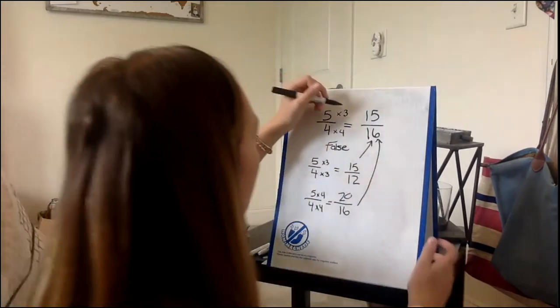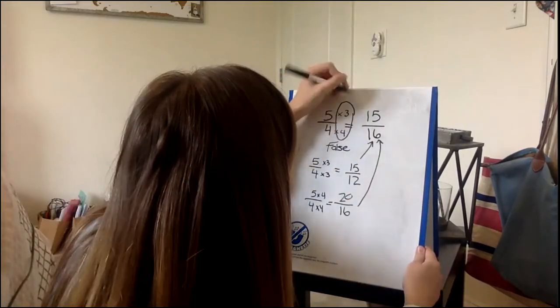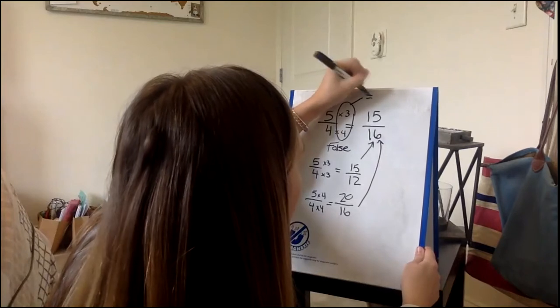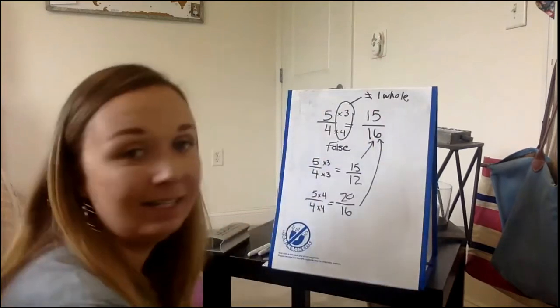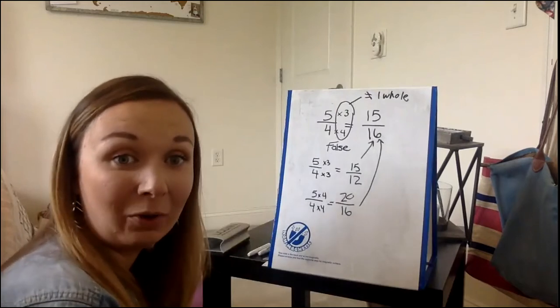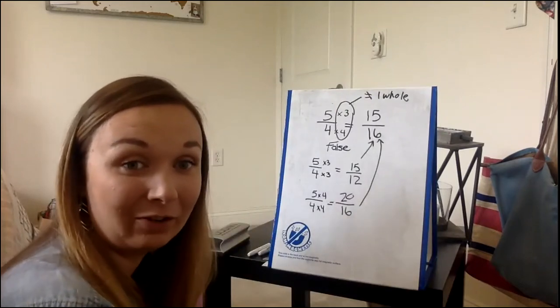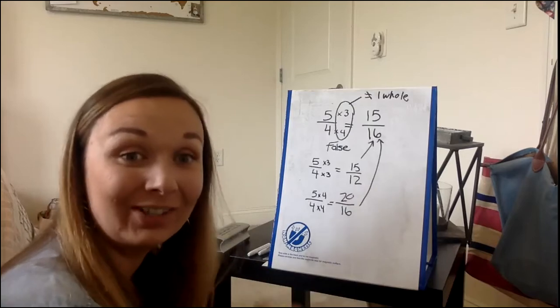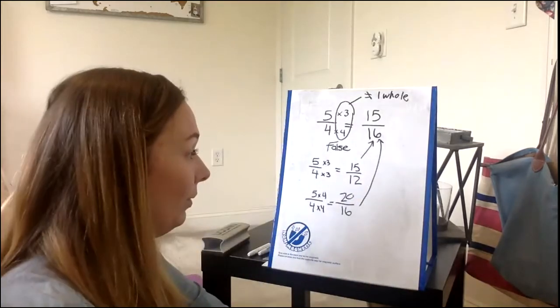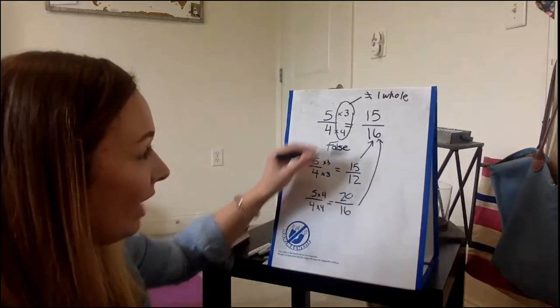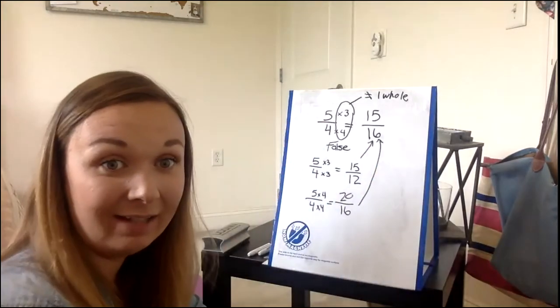So I know these are false because this was not equal to 1 whole. In order to find equivalent fractions, I have to multiply the fraction by 1, or a fraction that's equivalent to 1. 3/4 is not the same as 1 whole. Here are two answers I could have changed on the right-hand side to make it true.